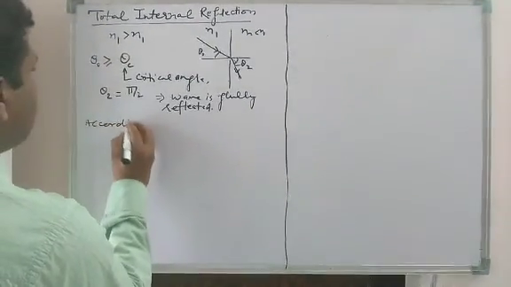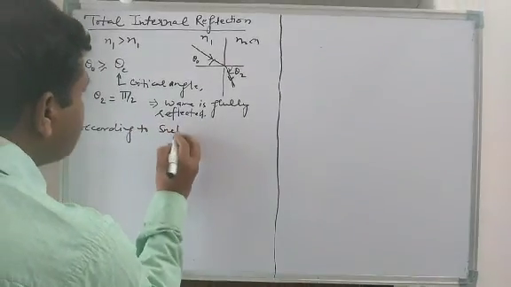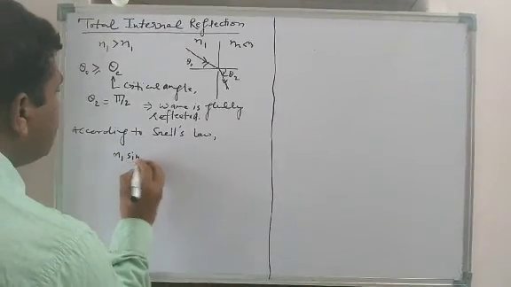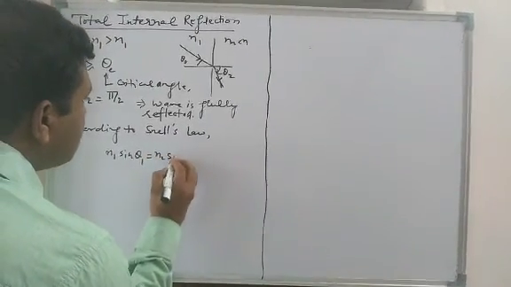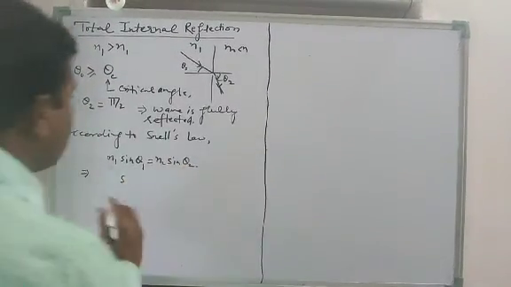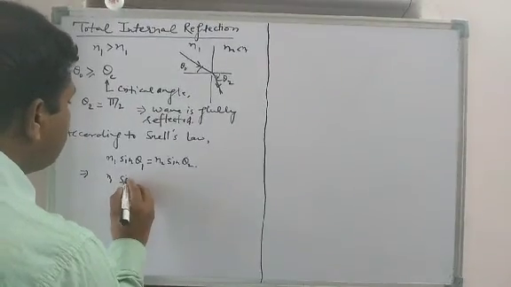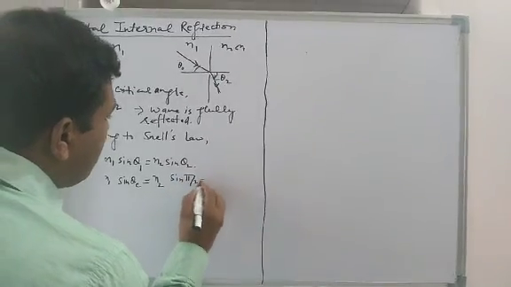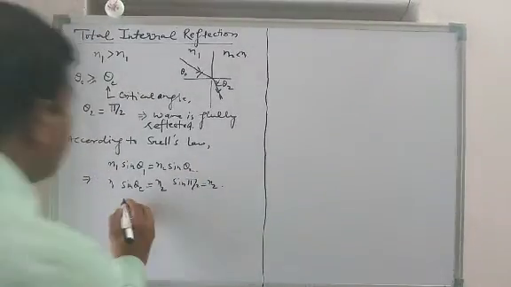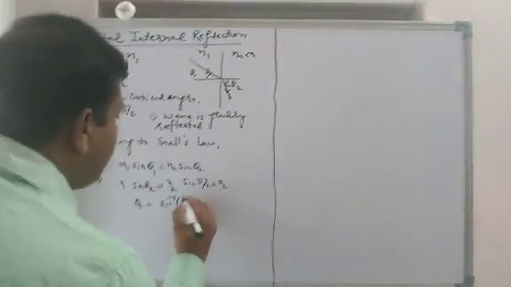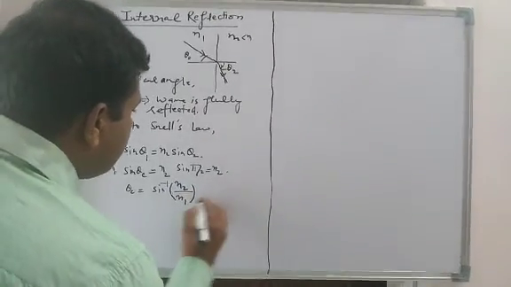According to Snell's law, we had n1 sine theta 1 is n2 sine theta 2, and therefore we could put the values in. So this is going to be n1 sine theta c is n2 sine pi by 2, which is essentially n2. Therefore theta c is going to be sine inverse of n2 by n1. So this is relation number 1.